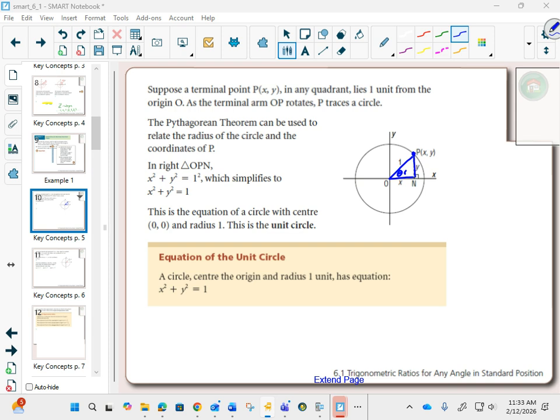Now, any point on your unit circle will have an x-coordinate and a y-coordinate. But now when I look at sine of that angle, it's opposite over hypotenuse. My opposite side is y. My hypotenuse, because it's a unit circle with a radius of 1, is 1. And y over 1 is just y.